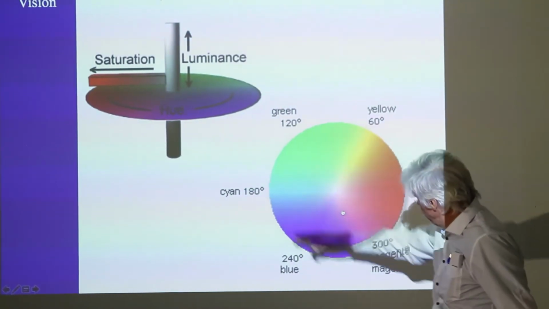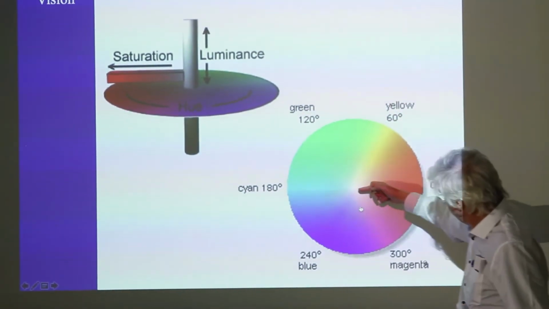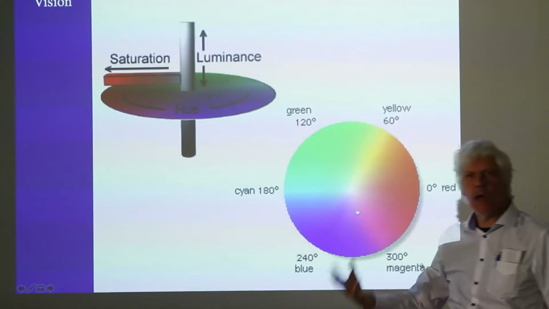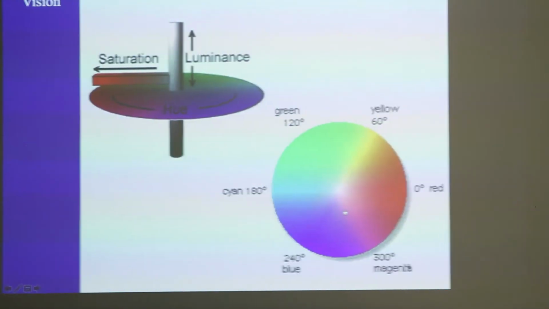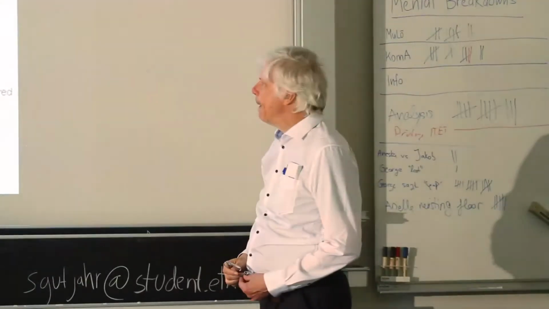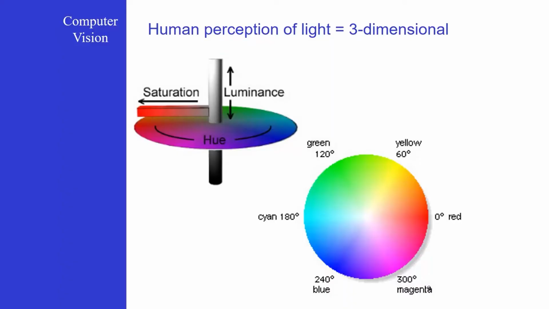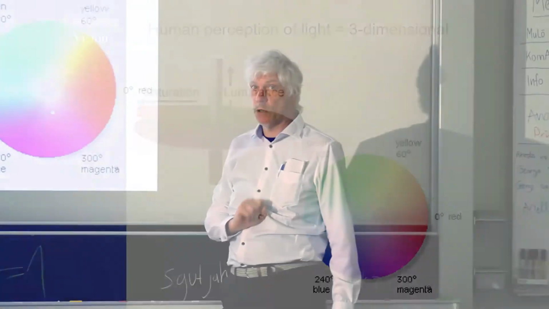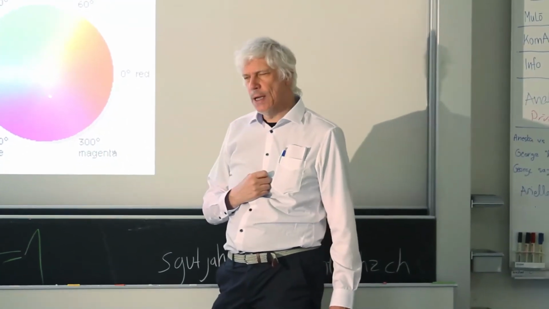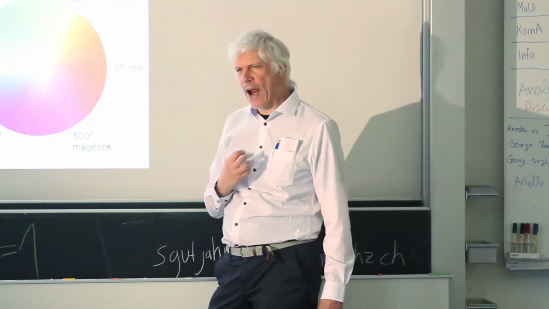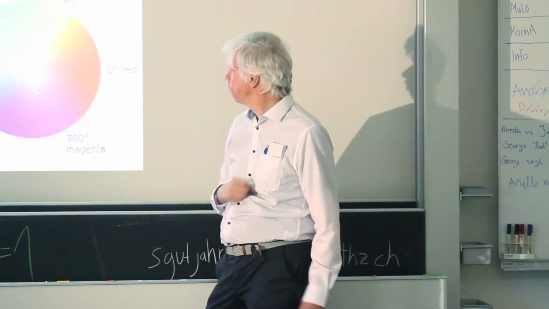You have different colors if you go around, and you can go from the center to the rim and get higher and higher saturation, so more and more vivid colors. As we will also see later, the colors on the rim, so really fully saturated colors, are actually very rare in nature. And that will help us to construct practical color systems.